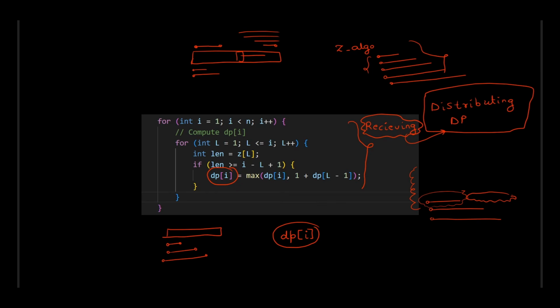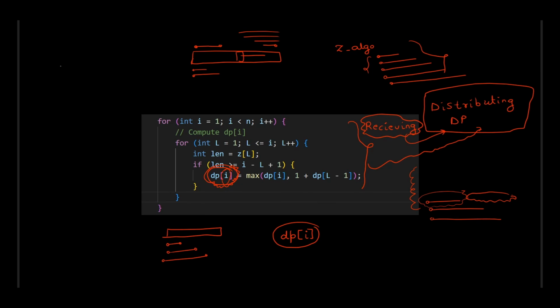But there is also another technique called distributing DP, where you don't focus on instant gratification. That is, you say that, okay, I don't care about populating the DP of I values of this. I instead want to focus on which DP values this particular index I can affect.